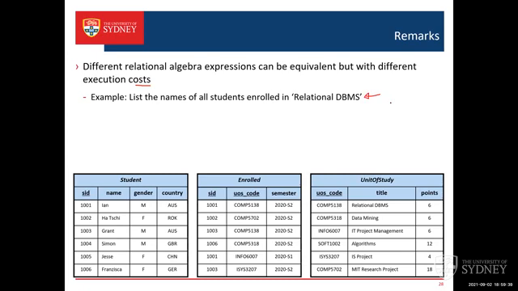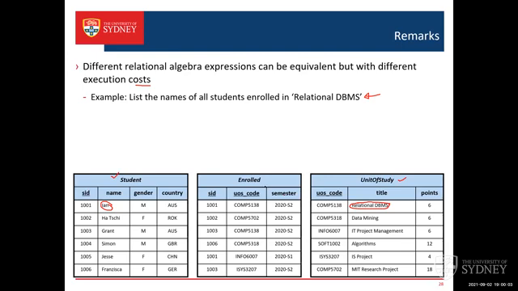What do you think? 3. Already I have shown you the answer, but yes, still. Why 3? I need relational DBMS, which is here, so I definitely need the unit of study table. And I want to know the name of the student, which is in here. So this one should be enough.